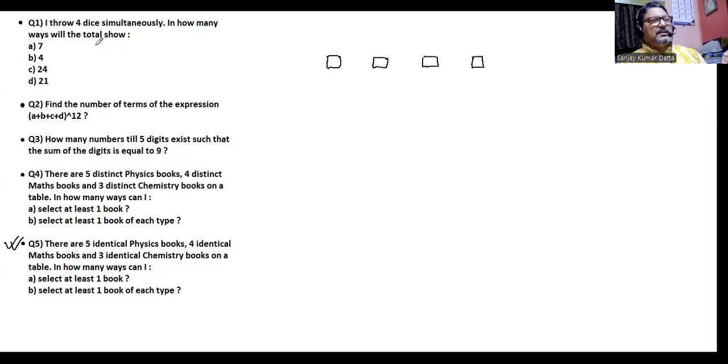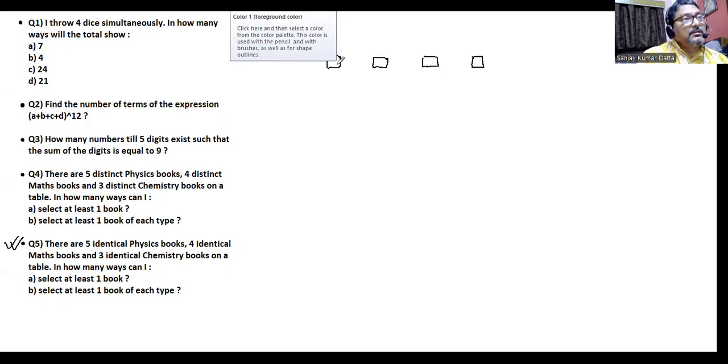Now, one thing is for certain. You can think of this in a lot of ways. Oh, chalo, let this die show 1. So what these dice can show? Blah, blah, blah. That's a very lengthy affair. One shouldn't do that. I will not be that elaborate because the theories are over now. Now you'll have to connect them.